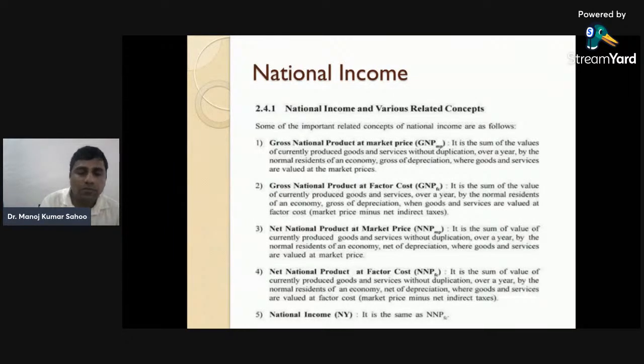Now what is PDI? The next concept is personal income, the income of a person. It is not mentioned. Personal income is the income of a person from different sources.